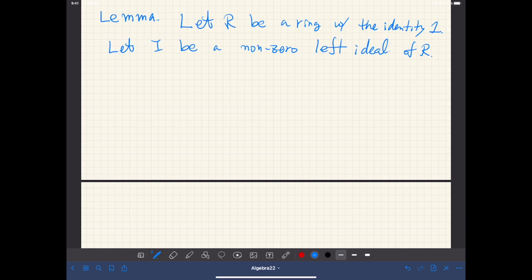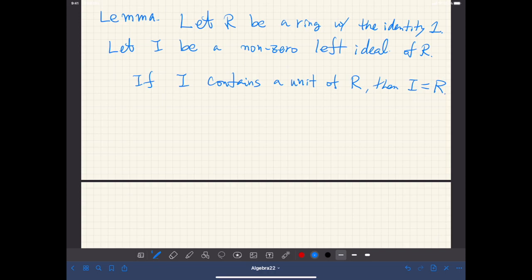Then, 1: if I contains a unit of R, then this left ideal is equal to the ring itself.